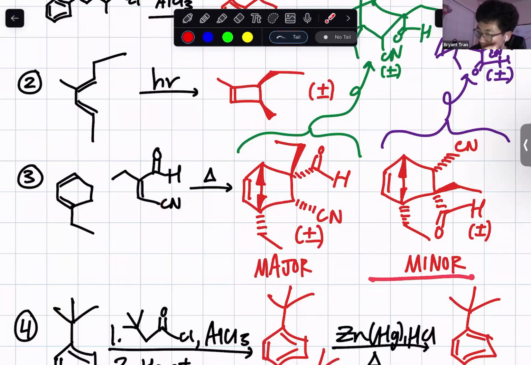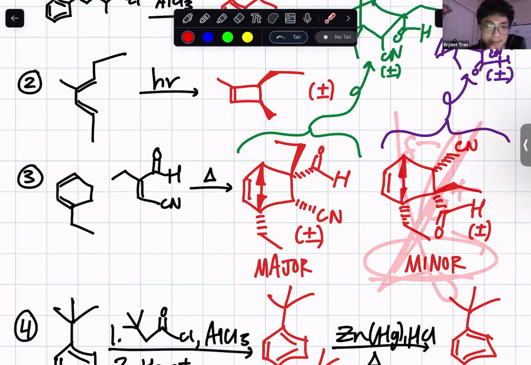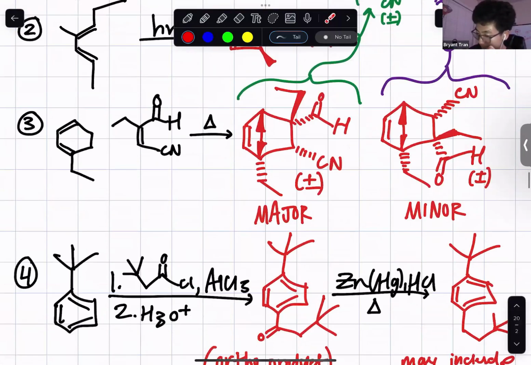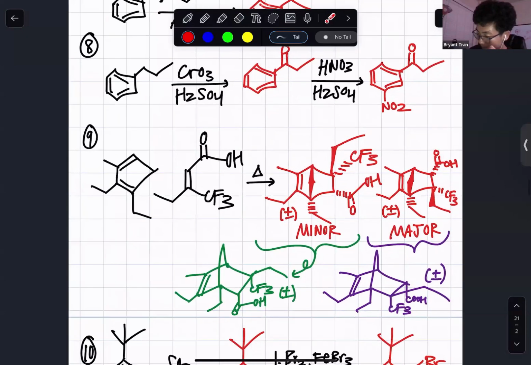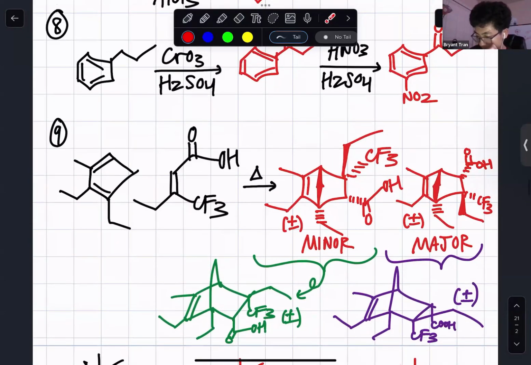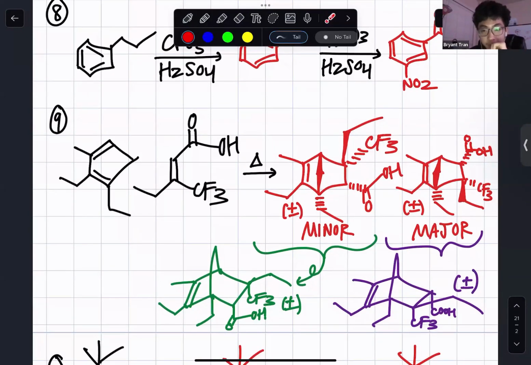This is minor because the charge alignment is not great here, right? There would be a positive charge here and a negative charge up here. They don't align very well. That's why that's the minor product. But for Helix class, you won't have to worry about this type of problem for Diels-Alder. Number 9.